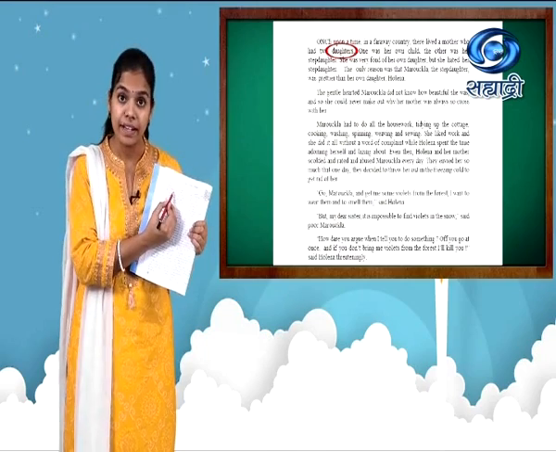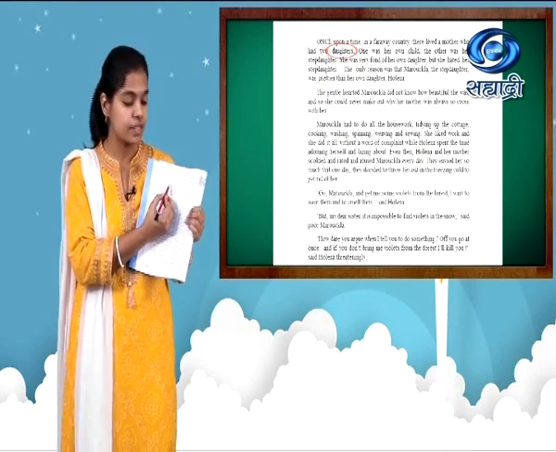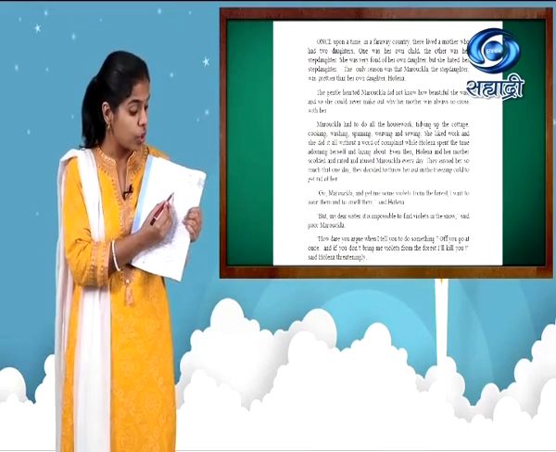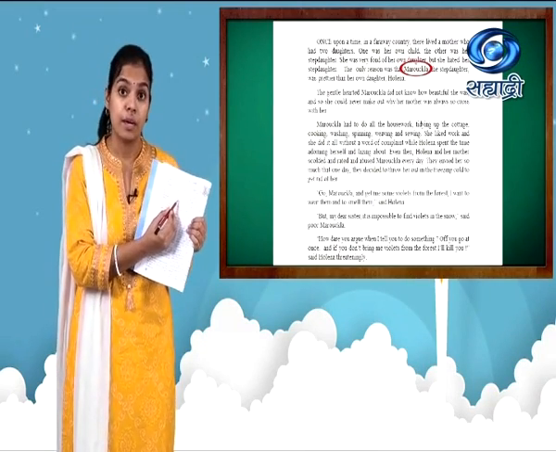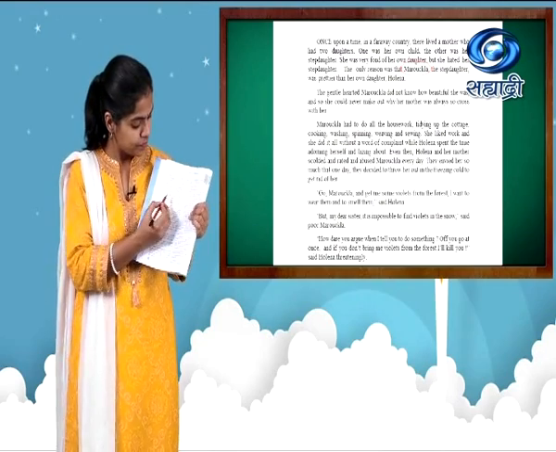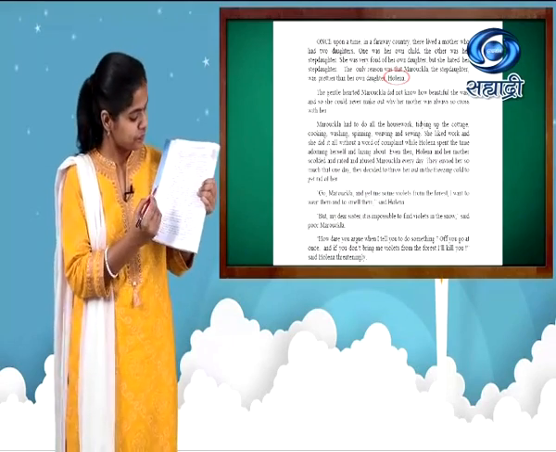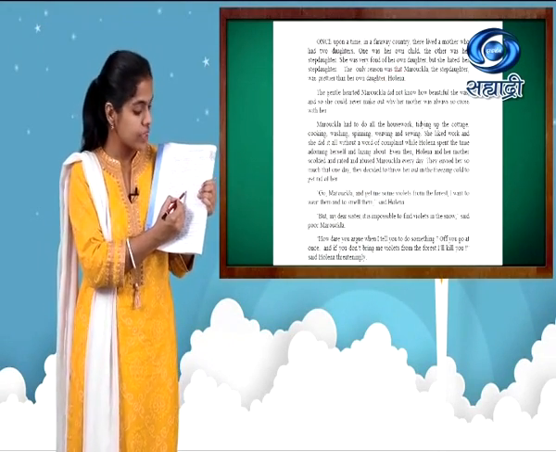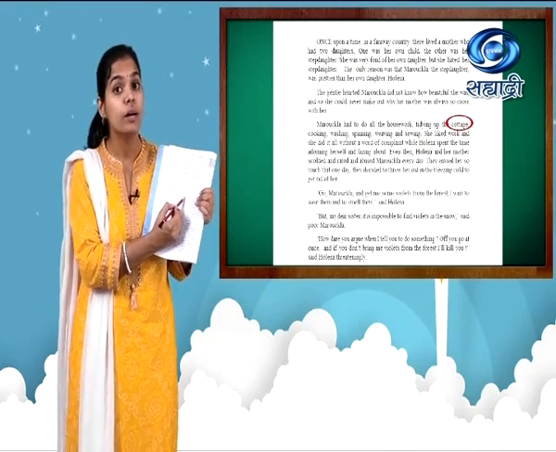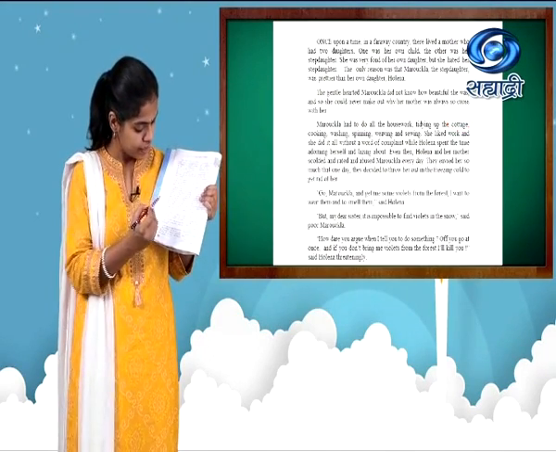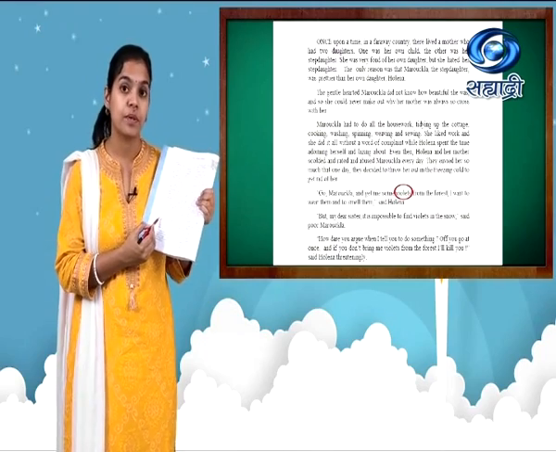Daughters. Again, name of a person. Morukla. Name of a person. Helena. Name of a person. Cottage. Name of a place. Violets.